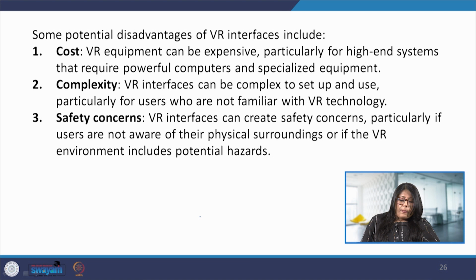So, they can be complex to set up and use, especially for users who are not familiar with VR technology. And safety concerns, because like we saw, it is a very highly immersive interface. So, the user may not be aware of what is going on around them in the real situation. So, it could lead to some potentially hazardous situations. So, that is something one needs to take care of.